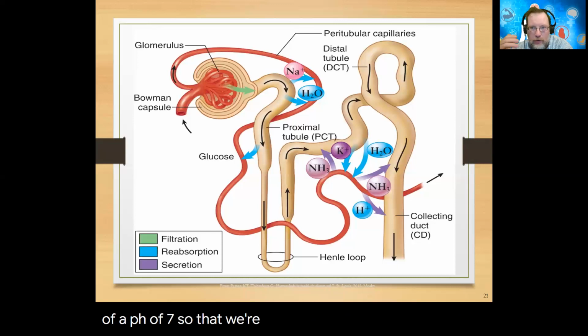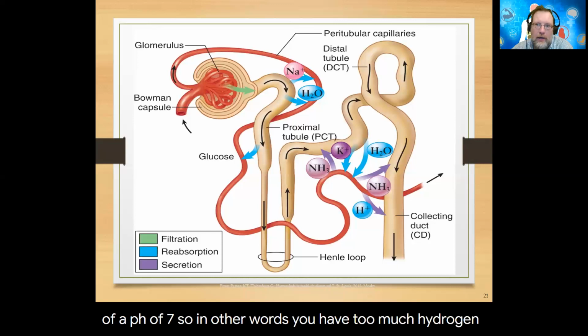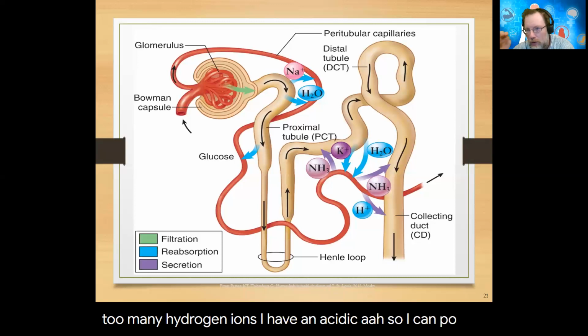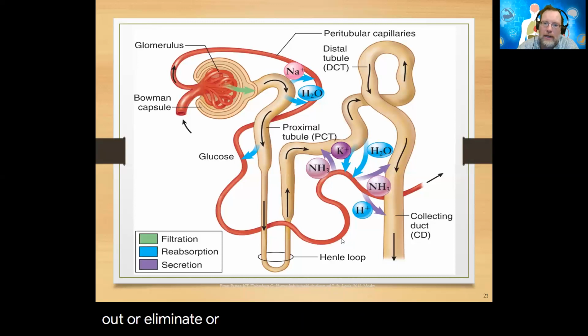In other words, you have too much hydrogen ion if you have a more acidic pH. So one thing the body can do is eliminate hydrogen ions to balance pH. If I've got too many hydrogen ions, I have an acidic pH, so I can pee out or eliminate or secrete hydrogen ions from the blood.